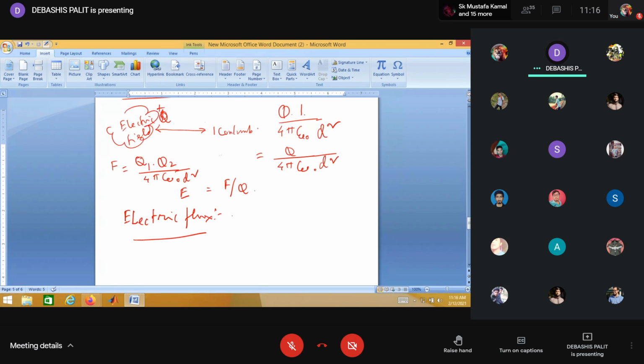And the electric flux is E into A into cos of theta. Here E is the electric field intensity, and A is the surface area of the conductor where the electric flux is considered.